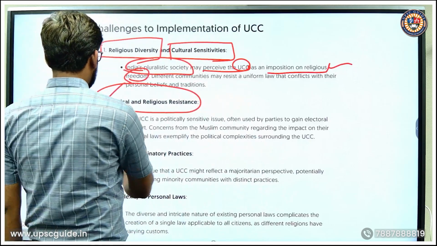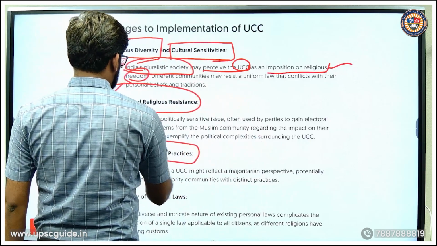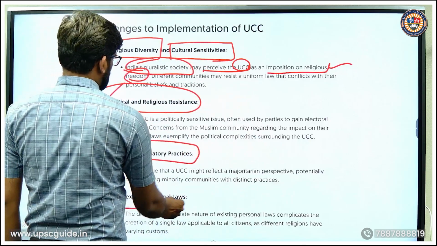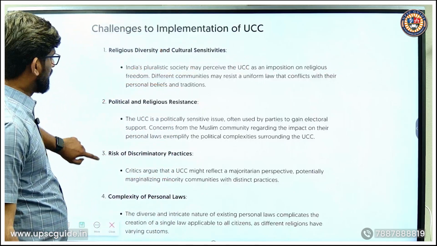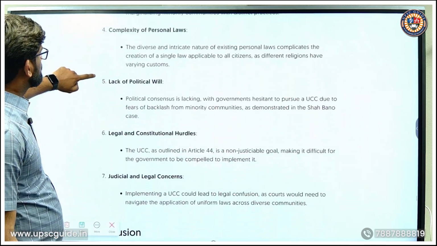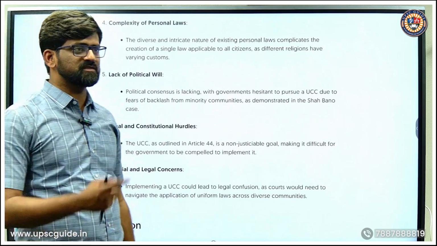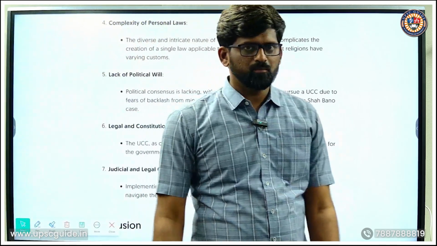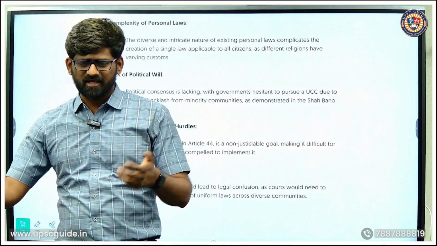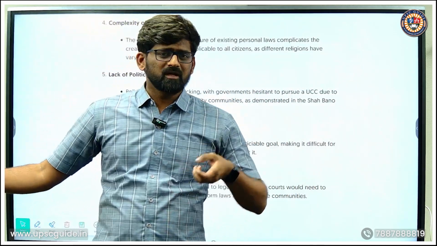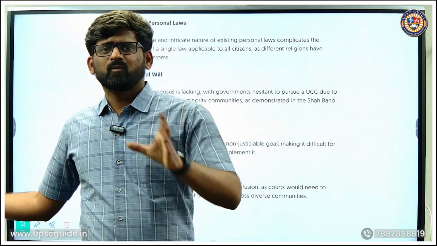Okay, at the same time, there is the risk of discriminatory practices, and the complexity of personal laws. Every religion in its own way has very complex versions of its personal laws. Various sects have their own practices. There is no uniformity even within one religion.